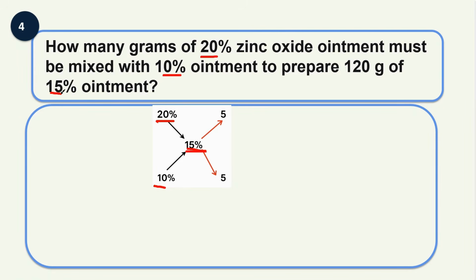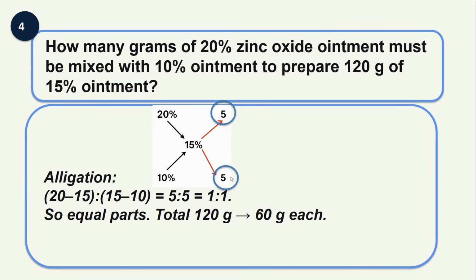That's the prescription for. So now if you diagonally subtract, 15 minus 10 is 5, and 20 minus 15 is 5. So you have to take 5 parts of 20% and 5 parts of 10%. So that means the ratio is 5 to 5, which equals 1 to 1.